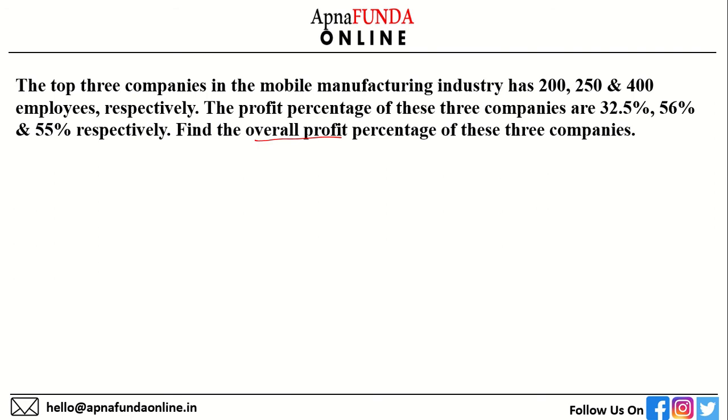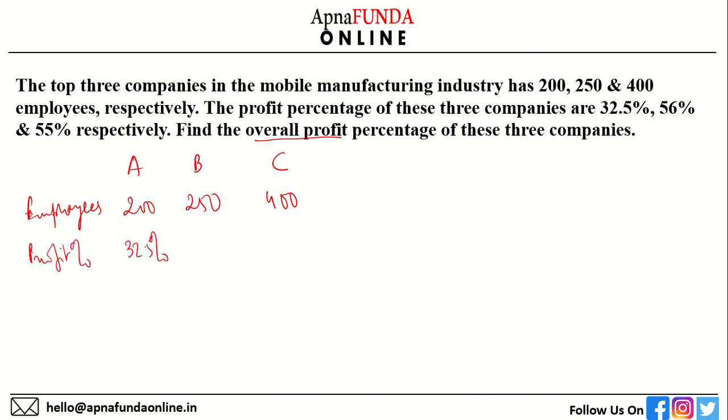So there are three companies that we know. Let's say A, B, C. The employees are 200 in A, 250 in B, and 400 in C. And the profit percentages in these companies are in A 32.5%, in B 56%, and in C 55%. Correct?